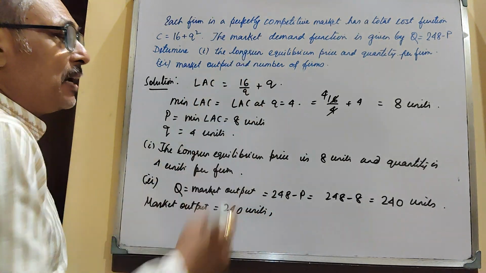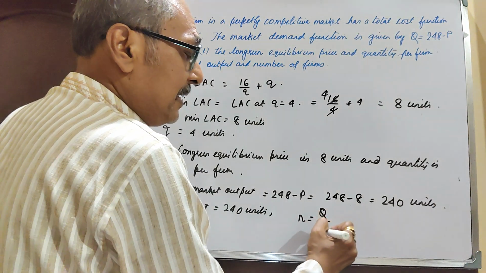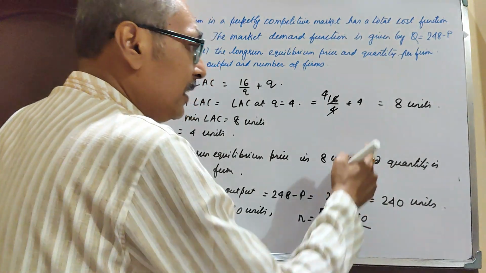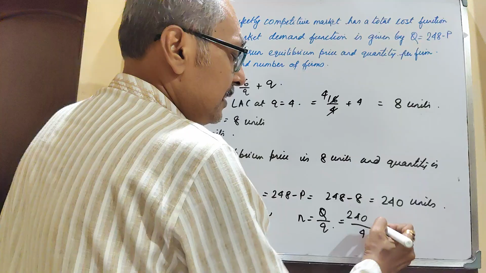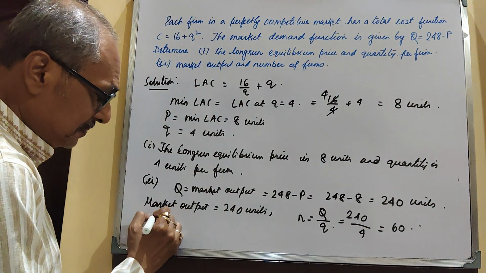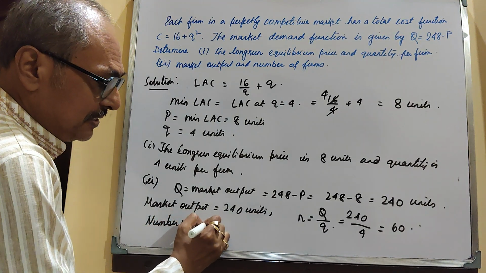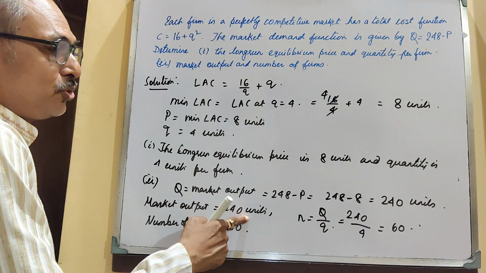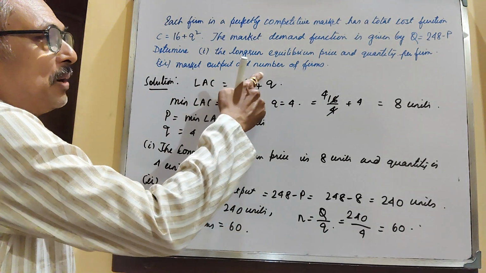Now, what is the number of firms? It is capital Q by small q. Capital Q is 240 and small q is 4 units. Therefore, the number of firms is 60. Market output is 240, number of firms is 60. This is the answer of part 2.